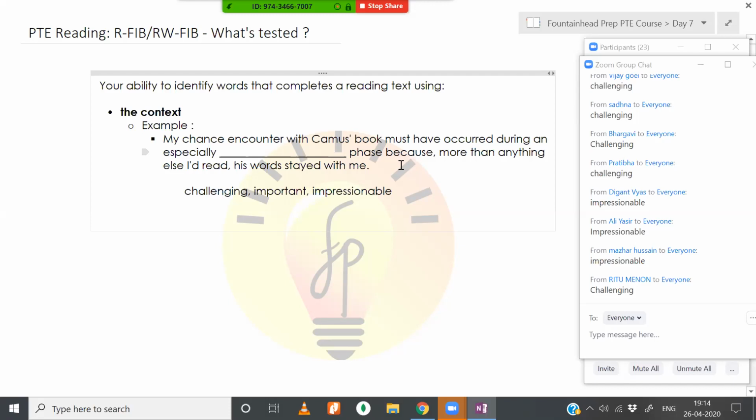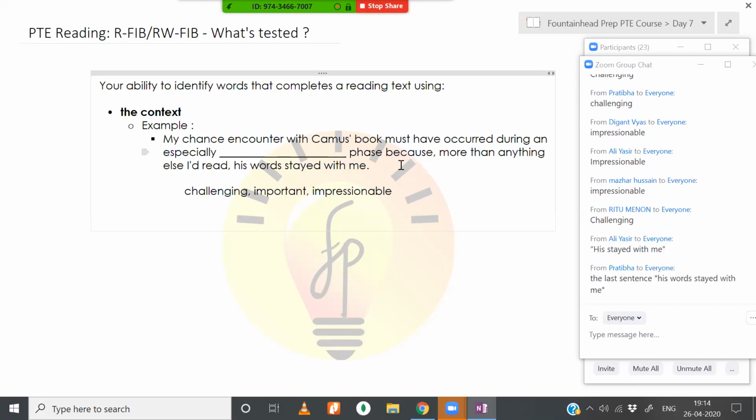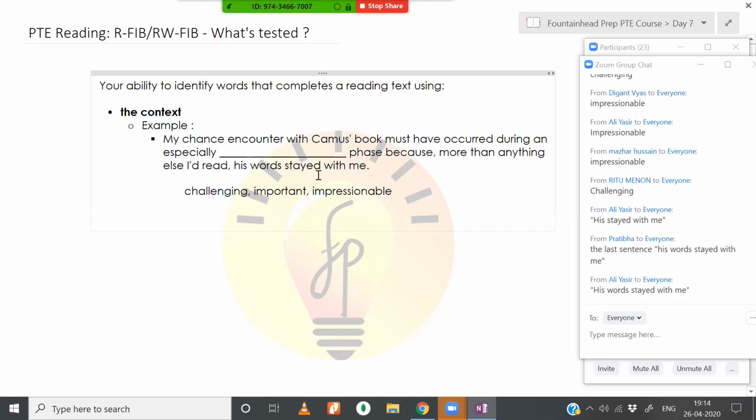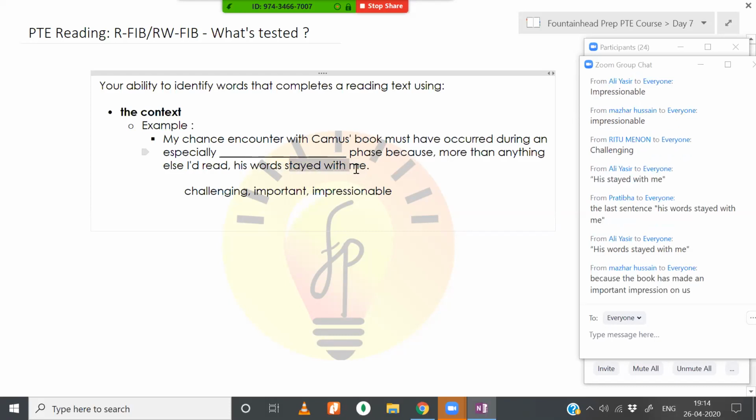Now, why do you think it is impressionable? Those of you who have answered impressionable, Dijans, Ali, and Mazhar, could you please tell why you think it's impressionable, not challenging? Because if you read the latter part of the sentence, you will see that more than anything else I had read, his words stayed with me.